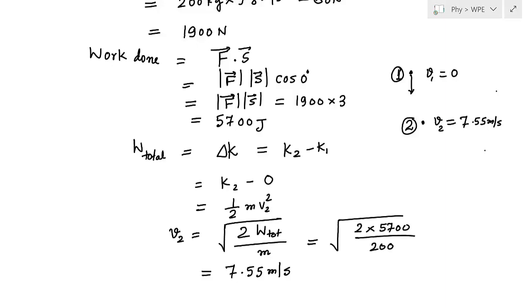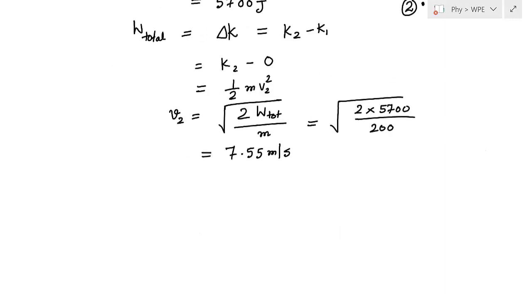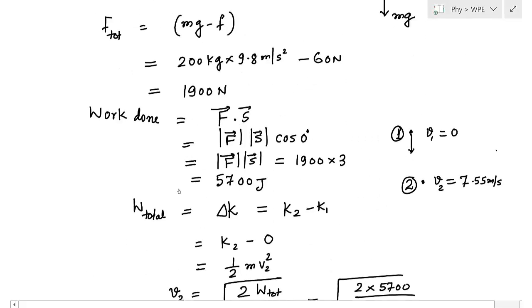Now let us consider the motion of this hammerhead from point 2 to point 3. So what are the forces acting on the hammer when it is moving from point 2 to point 3?